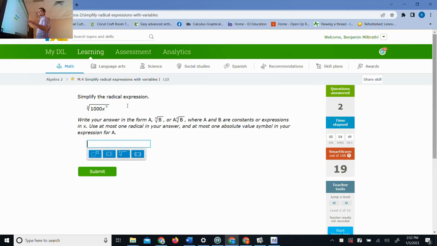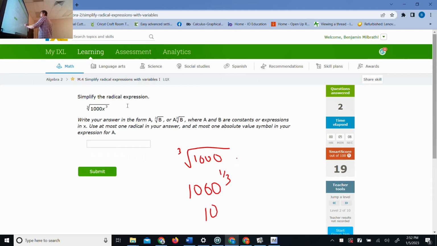For some of you, you may not be very good with numbers, and IXL is probably not going to try and trick you. But you might have to figure out what the cubic root of 1,000 is, which means you might have to go to your calculator and type 1,000 to the 1/3 power. You might have to. It ends up being 10. And then we also have the cubic root of x cubed, which just ends up being x.